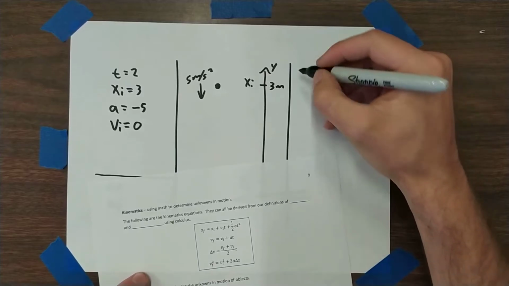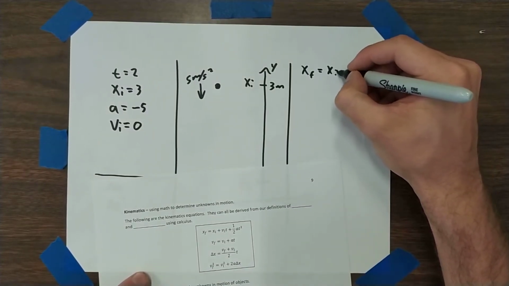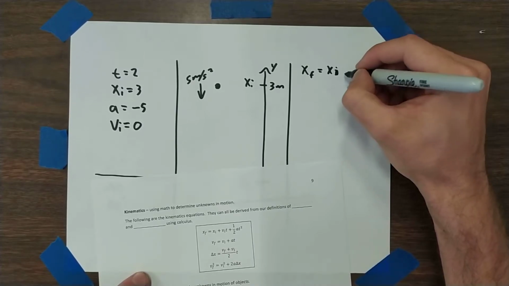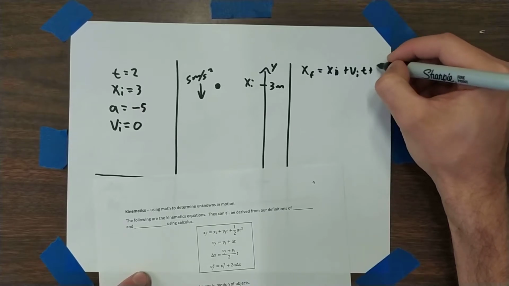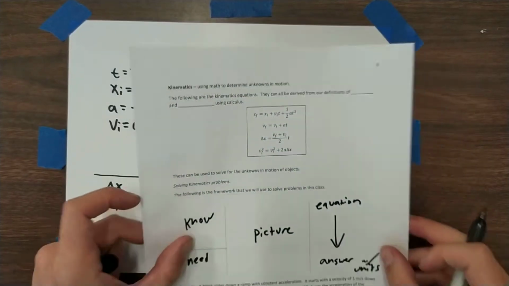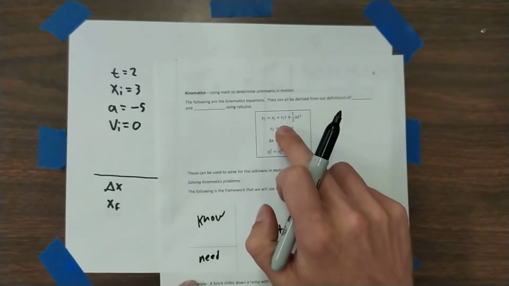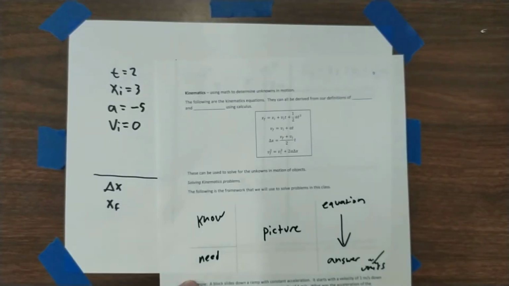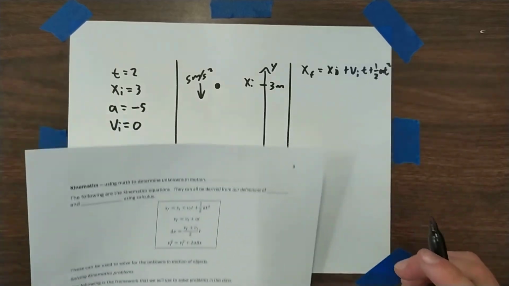So I'll write that down. x final is equal to x initial plus v initial times t plus 1/2 a t squared. On the notes sheet, for some of you, it doesn't have the i here. This should say v i t, so if you have to make that correction, you can do that. But this is the right formula.